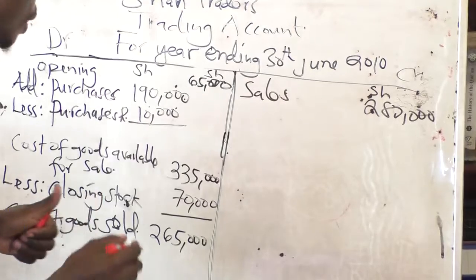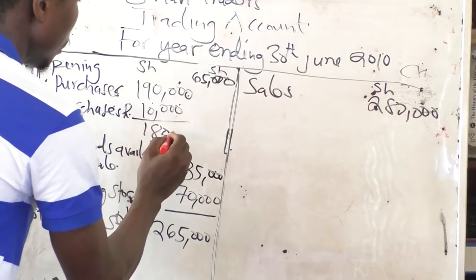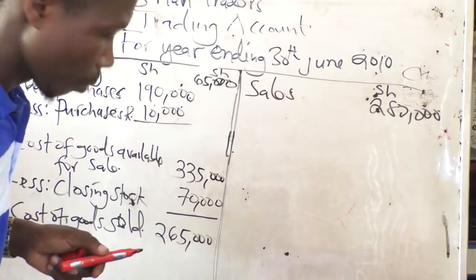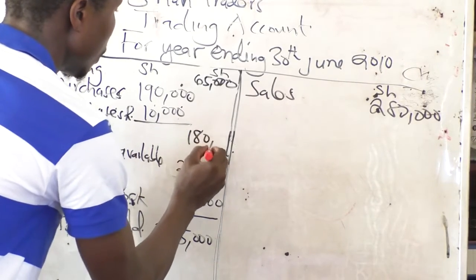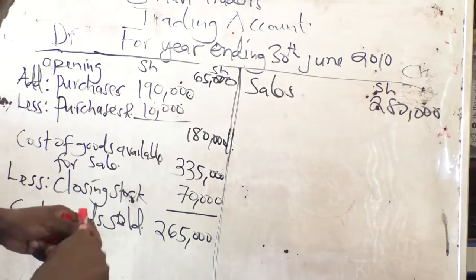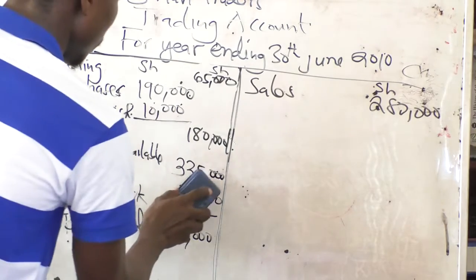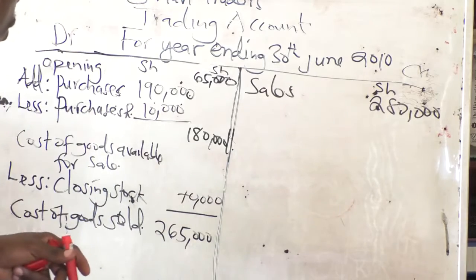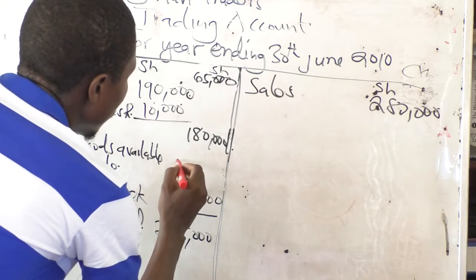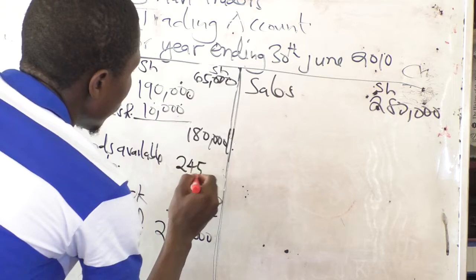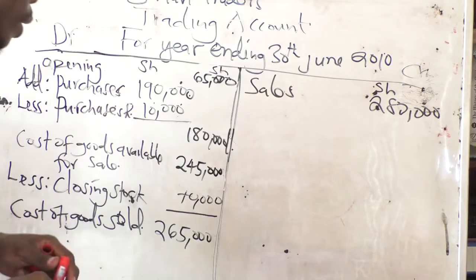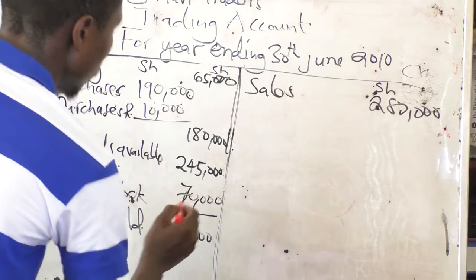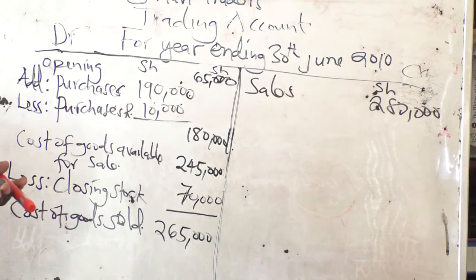we didn't check it well. So 180,000, we bring it here. If you add that one, it's going to be 245,000.